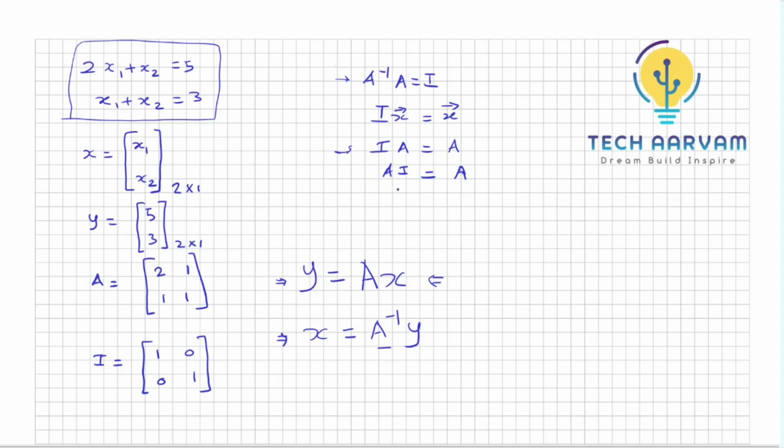The identity and the square matrix A are of the same order: the identity matrix here has 2 rows and 2 columns, and the matrix A here also has 2 rows and 2 columns. If that condition is met, the operation is commutative. So IA equal to A equal to AI also. This is how we have defined the inverse as well as the identity matrices. The operation of solving this problem can be looked at as finding the inverse.